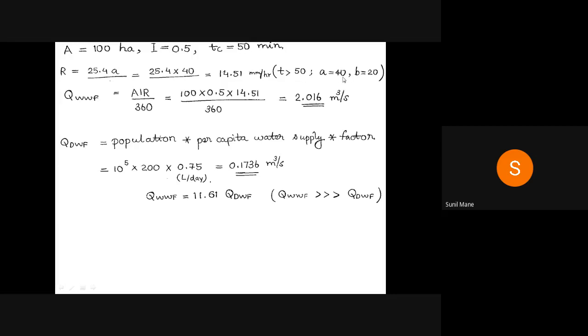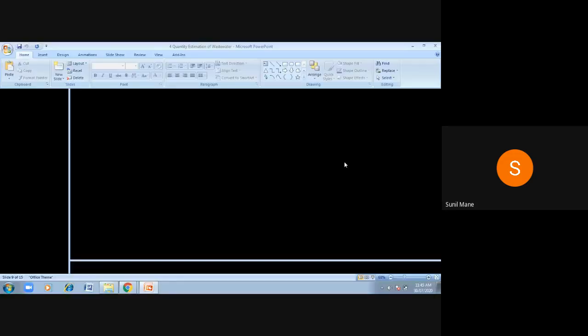So these are the various factors we have selected, and based on those factors we have calculated R. After getting R, I is known and A is known, this formula can be implemented, and after implementation of this formula, we have got the wet weather flow. Total wet weather flow we have got as 2.016. So this is the one part we know now.